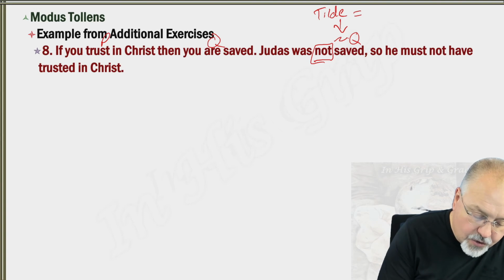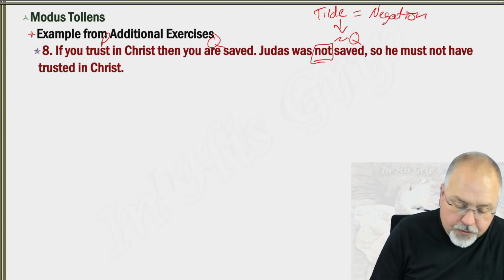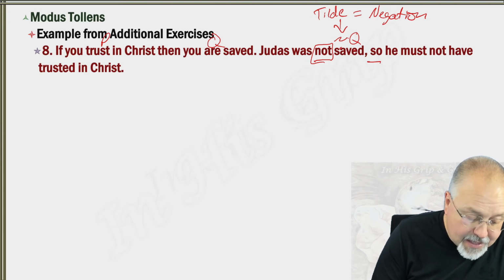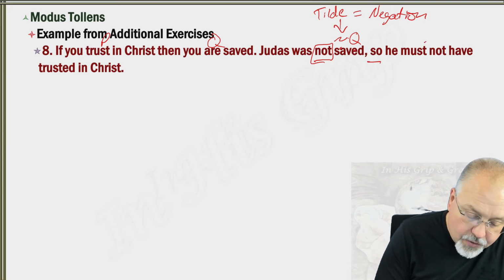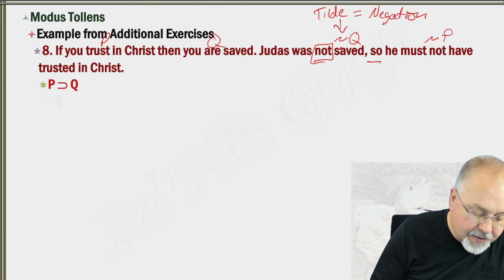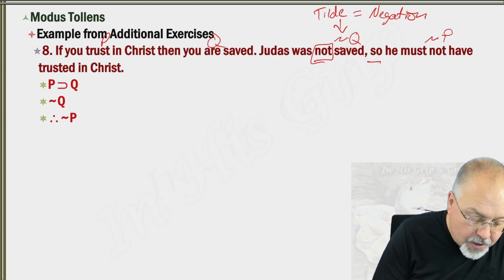And that shows negation. Okay, not true. Judas was not saved, so not Q. Therefore, he must not have trusted in Christ. So not P. Okay, so we'd write this as if P, then Q.